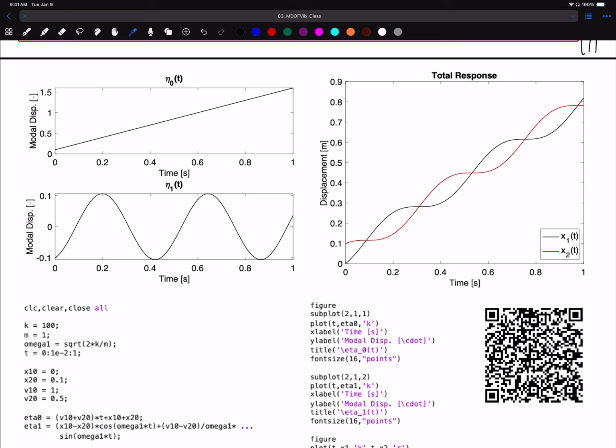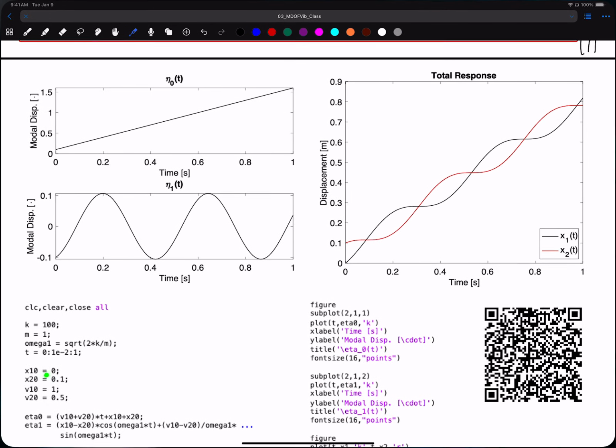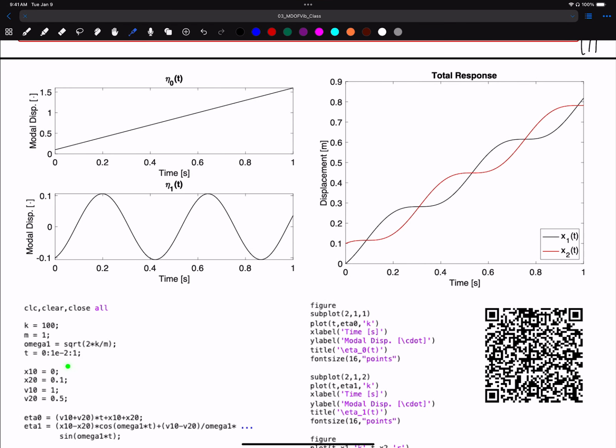And then the combination of these two gives rise to the displacement of each mass. So something I want to just point out, if we look at the initial condition of x1, we'll find that it is satisfied in this total response, whereas the initial displacement of the second mass is also satisfied.